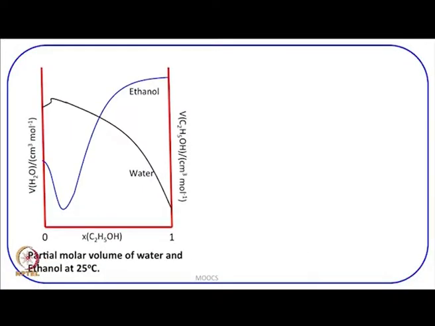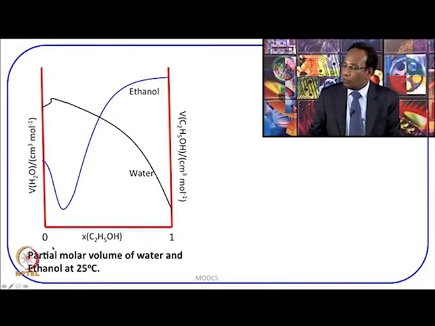Let us take a look at this figure. This figure represents the variation of partial molar volume of ethanol and water when the mole fraction of ethanol changes from 0 to 1.